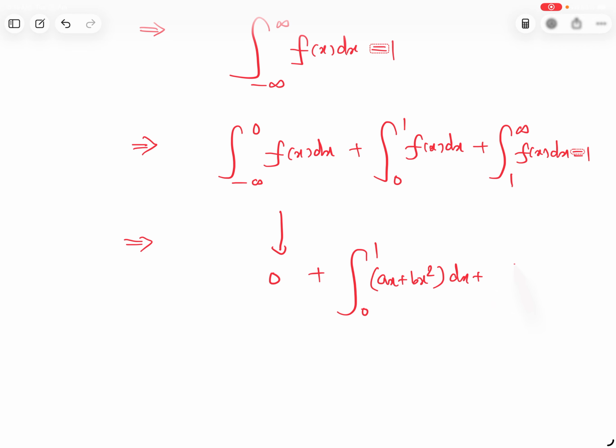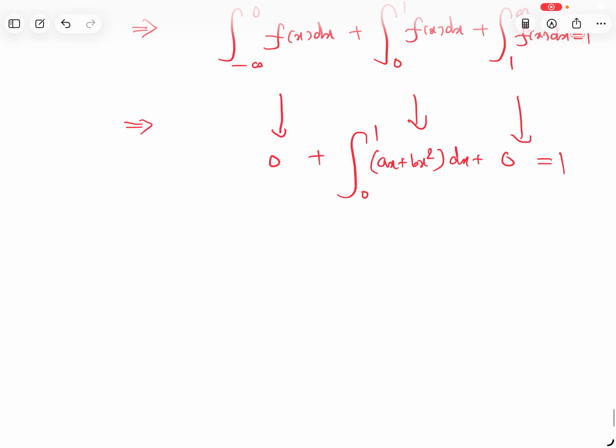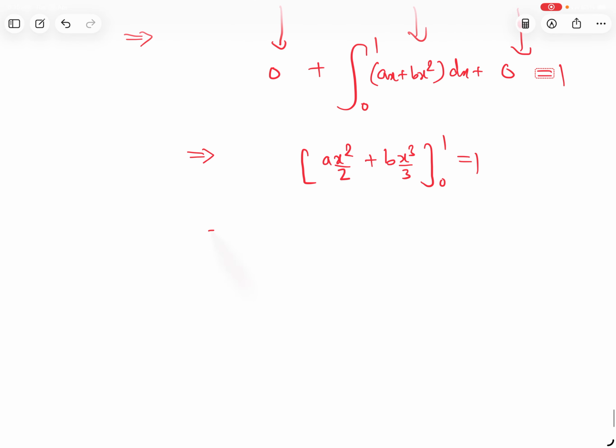Similarly, from 1 to infinity it is also 0. So we integrate ax square by 2 plus bx cube by 3 from 0 to 1, which is equal to 1. After solving this limit, we get a by 2 plus b by 3 is equal to 1. Let's call this equation 1.